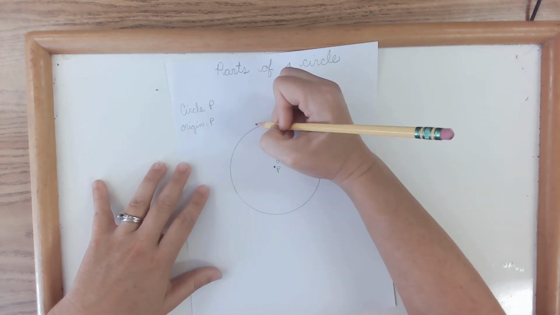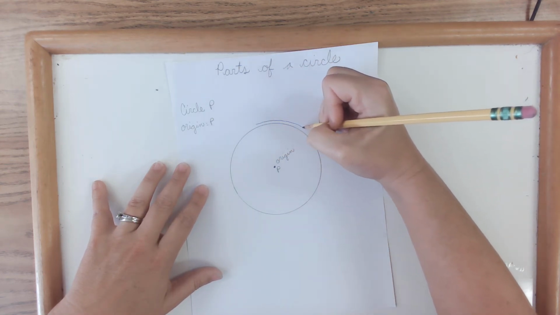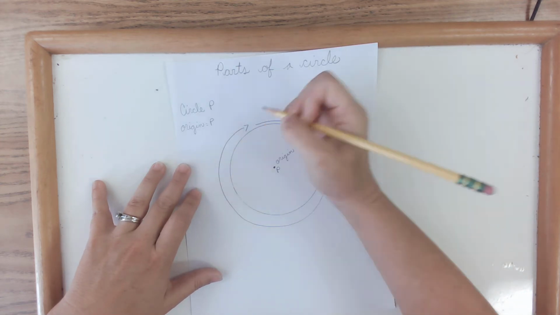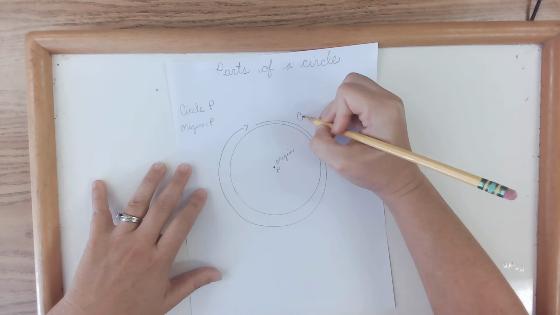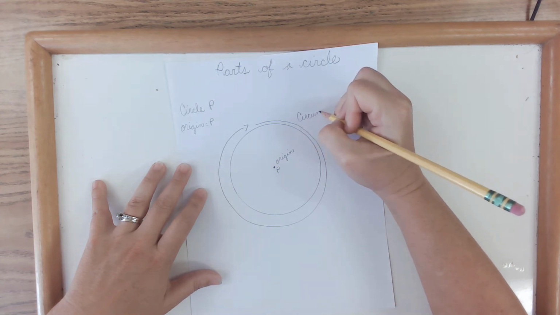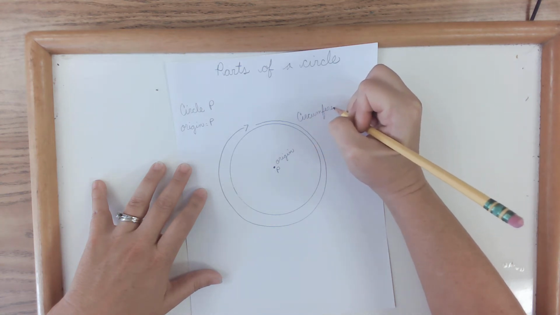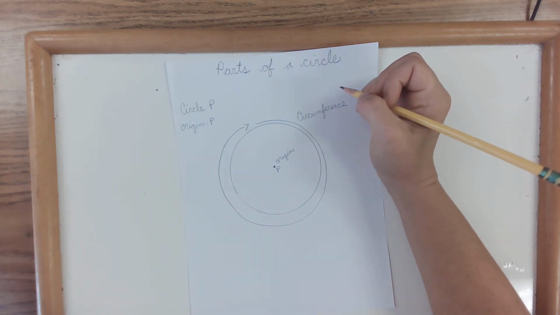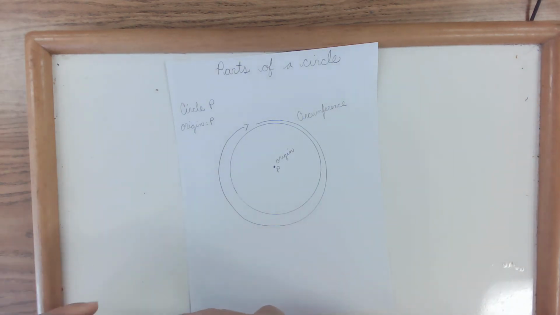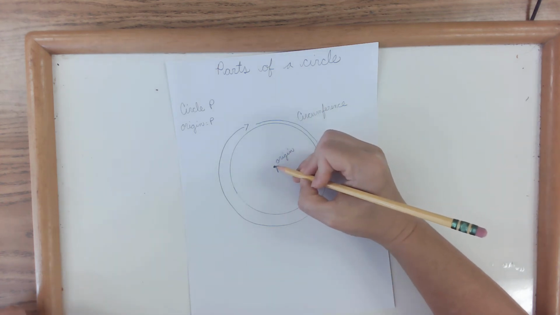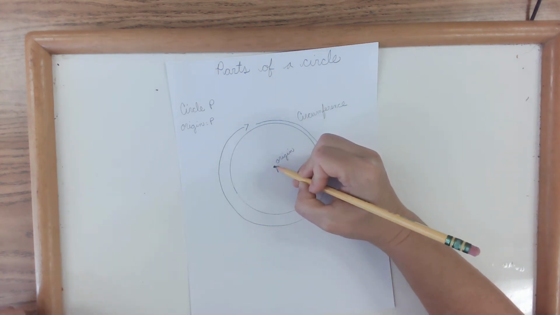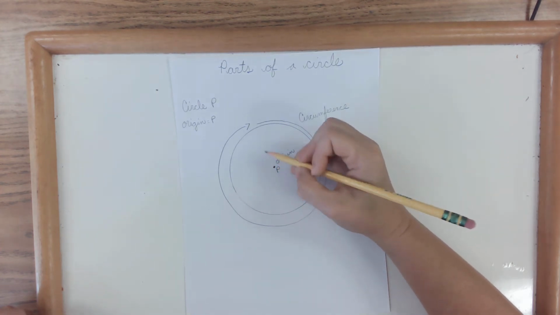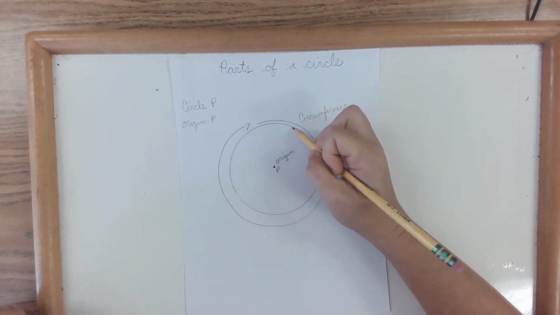Now, the entire outside measure, if you were to measure fully around one complete time, that is called the circumference of a circle. Now, when you have a line that starts at the origin and ends anywhere on the circumference, that is called the radius.